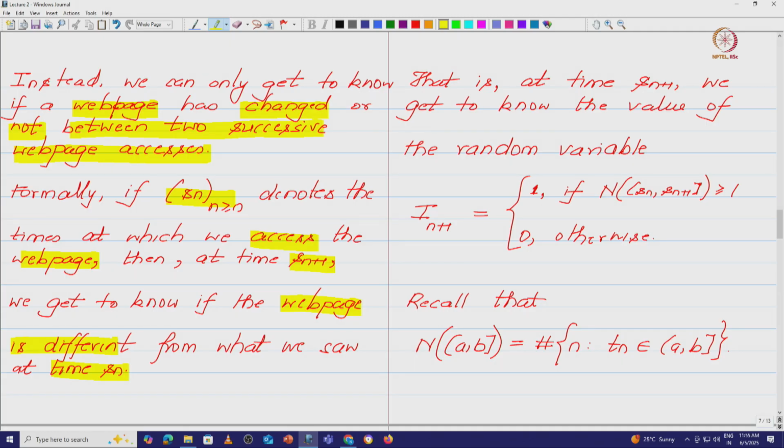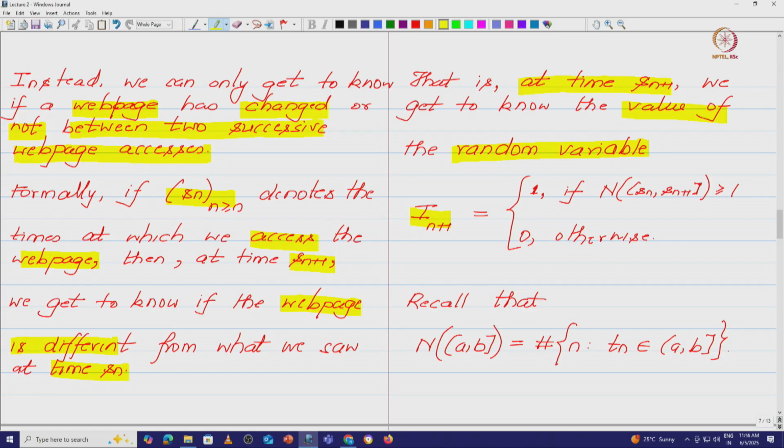So this comparison we can do, and based on that we get to know whether the web page has changed or not. More formally, at time Sn plus 1 we get to know the value of the random variable In plus 1. This random variable is 1 or 0.